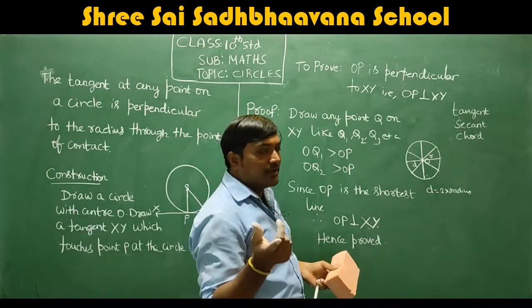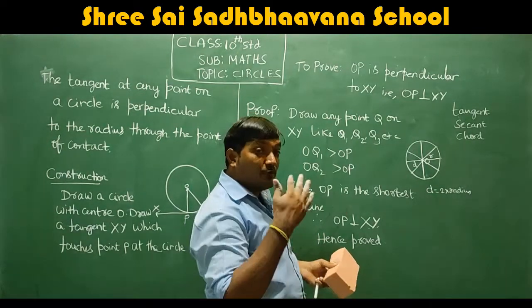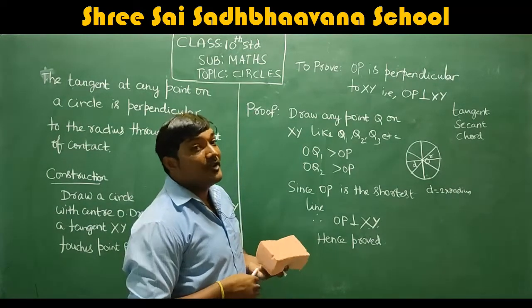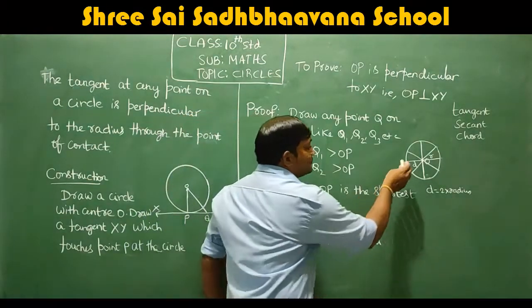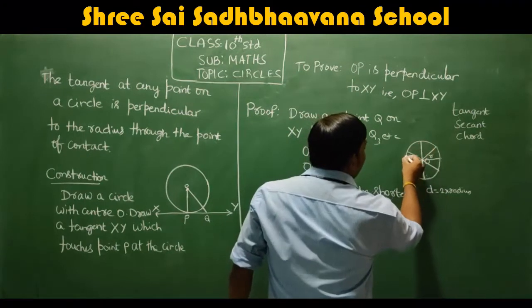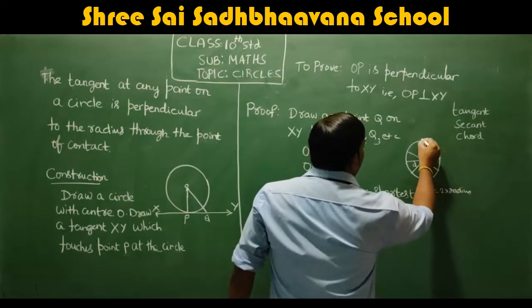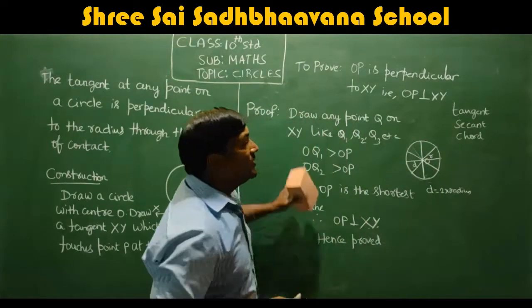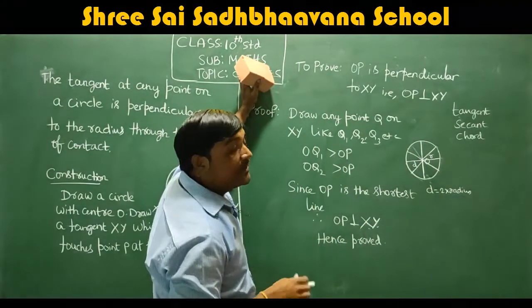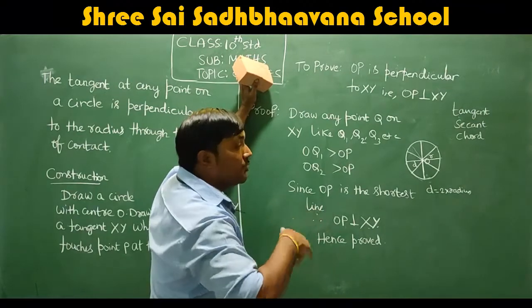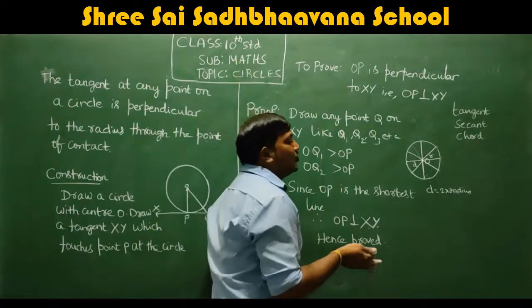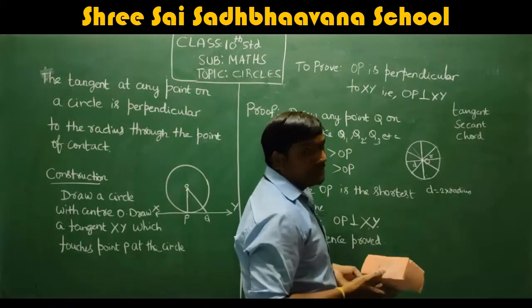They will give the radius only. If they give the diameter, you have to divide by 2 to make it the radius, and with that radius you will draw a circle. It means anywhere on the circle, you randomly take a point and measure from that point to the center of the circle. That is called the radius, and that should be the same throughout the circle, correct? So that is the radius, and 2 times the radius is your diameter.